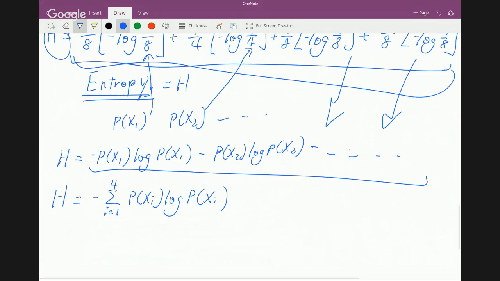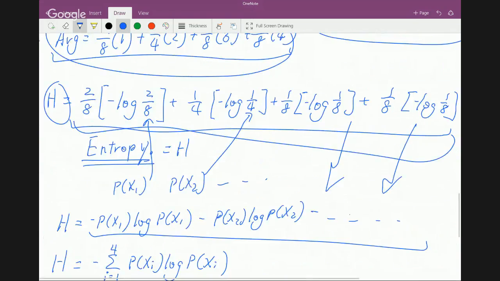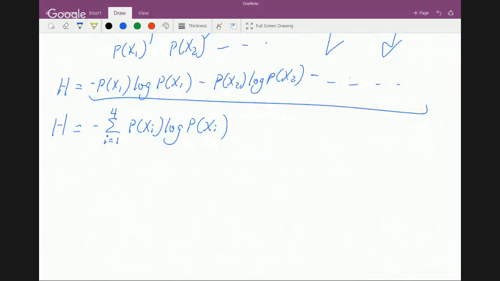Of course, very often we don't only have 4. We might have 5, 6, all the way to n, right? So for a general equation, you will most likely see this. H is equal to minus summation i equal to 1 to n, probability of xi log probability of xi.